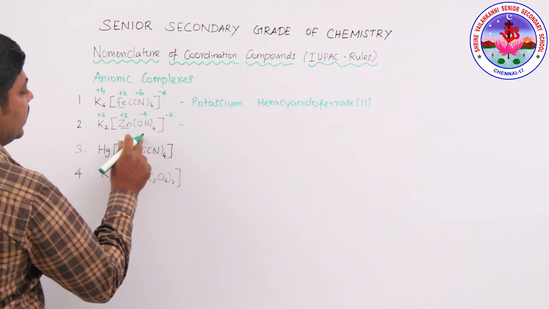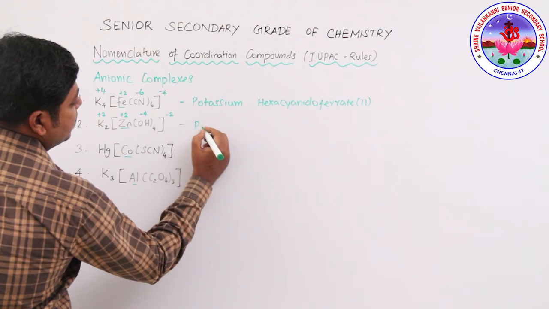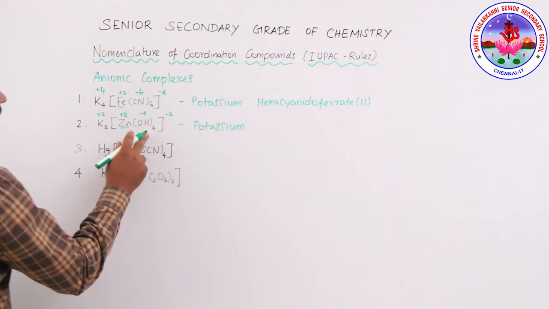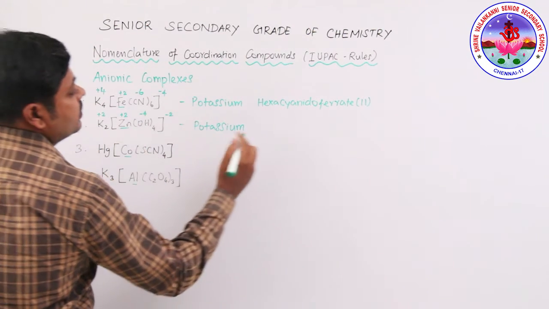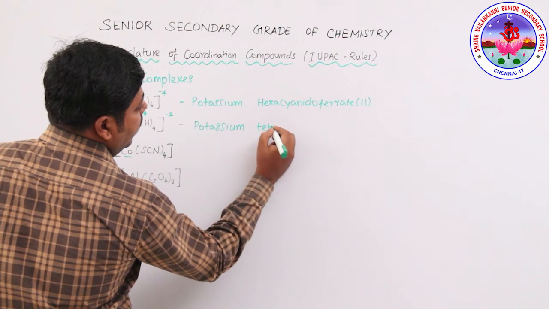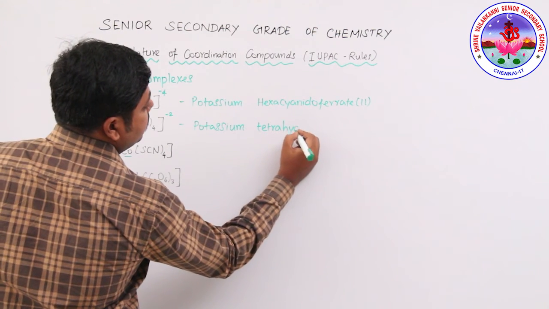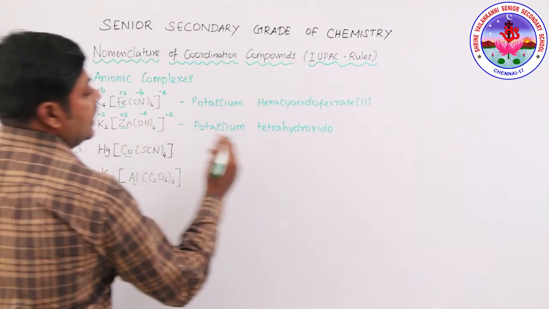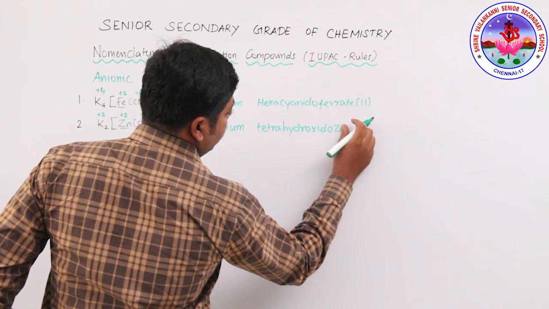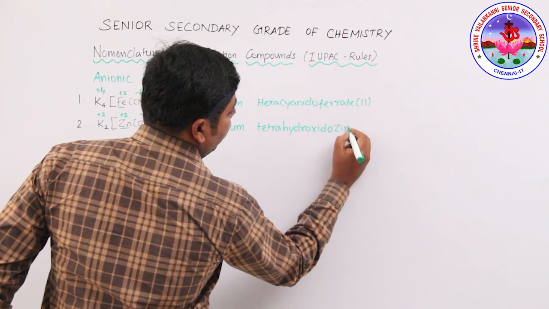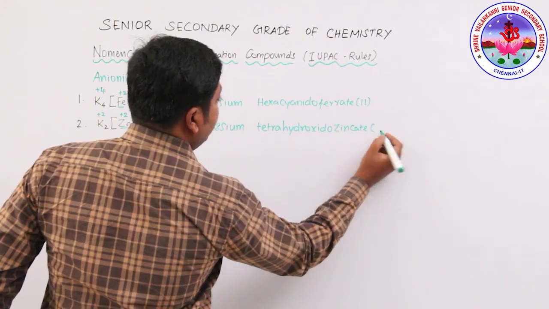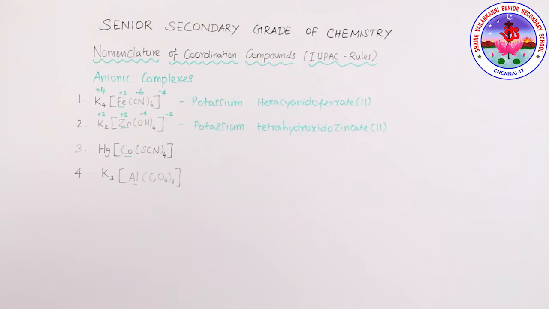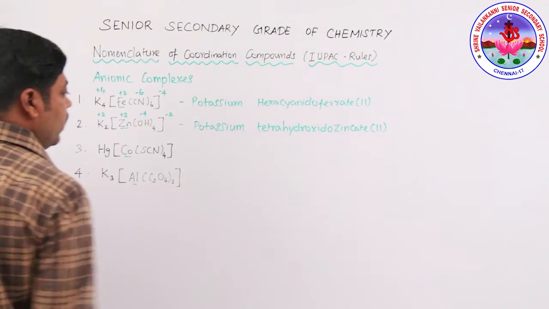Now we write the name: potassium first, because it is the counter ion. Then tetrahydroxido, then zincate, and the charge of the metal is 2. So the name is potassium tetrahydroxidozincate(II).